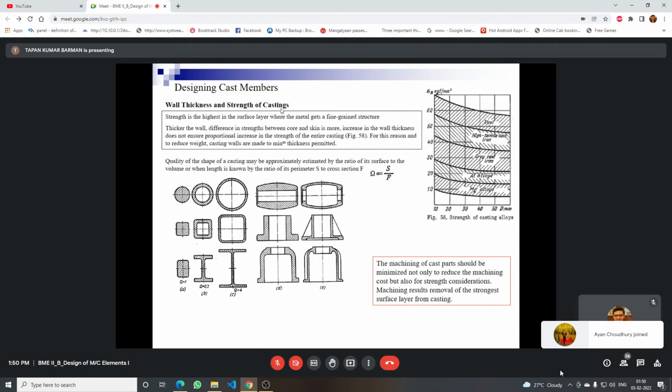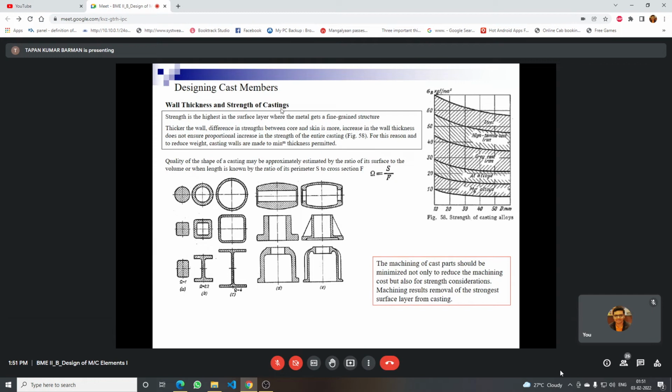Secondly, by doing this machining operation the cost will increase. So always we have to maintain the optimum wall thickness so that the material can sustain the applied load. Unnecessarily we will not increase the wall thickness.